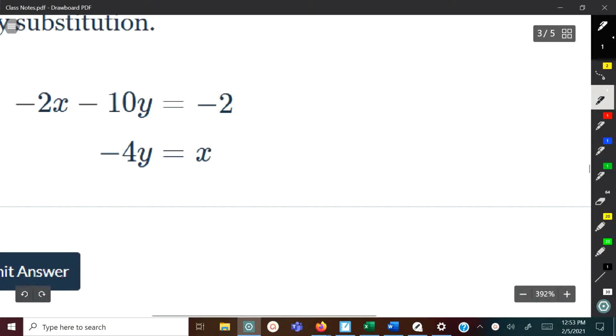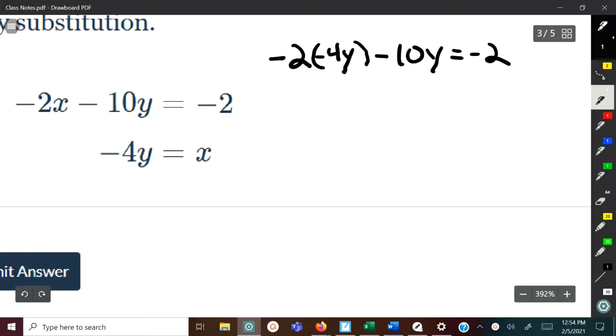Negative 2, space here for my negative 4y, minus 10y is equal to negative 2. And then I'm going to do negative times a negative, which is positive, 2 times 4, which is 8. So I have 8y minus 10y is equal to negative 2.